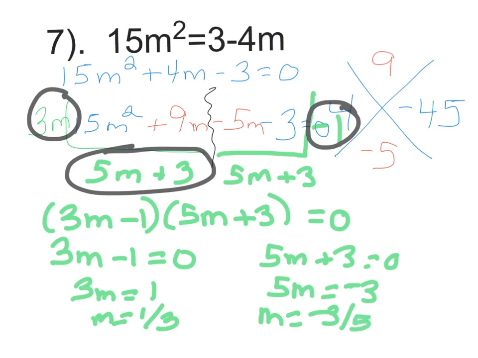So our two solutions would be m equals 1/3 and m equals negative 3/5.